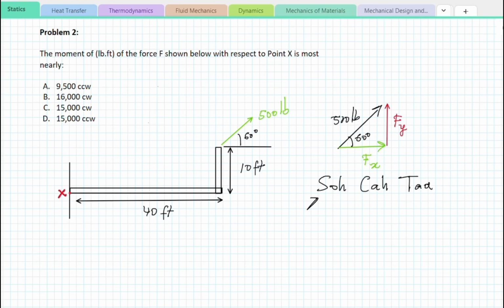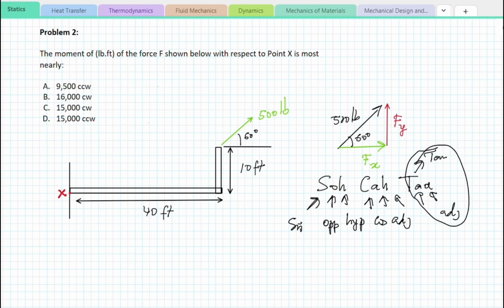S stands for sine, O stands for opposite, and H for hypotenuse. C stands for cosine, A for adjacent, and H for hypotenuse. T for tangent, O for opposite, and A for adjacent. In this particular example, we won't need the TOA portion, so we're going to go ahead and get rid of that.